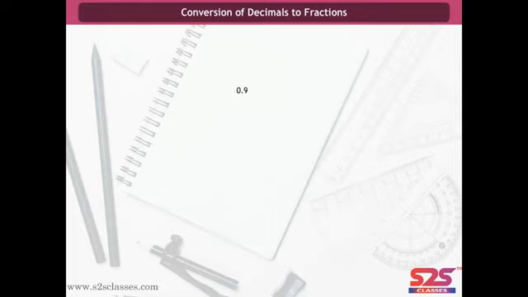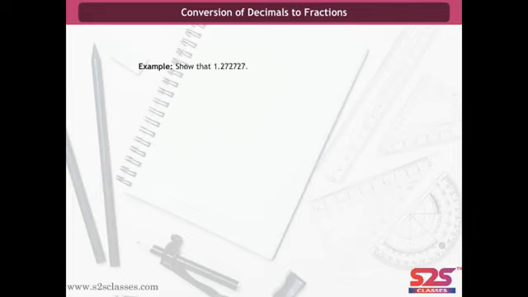Similarly, we can write 0.9 as 9 by 10, 0.593 as 593 by 1000, and 0.00243 as 243 by 100,000.